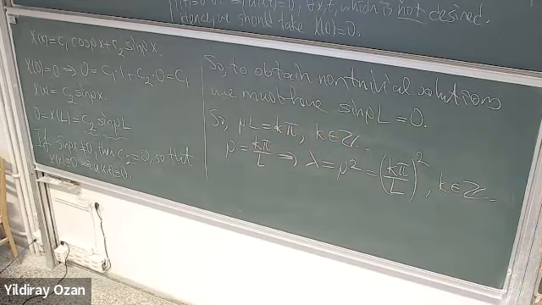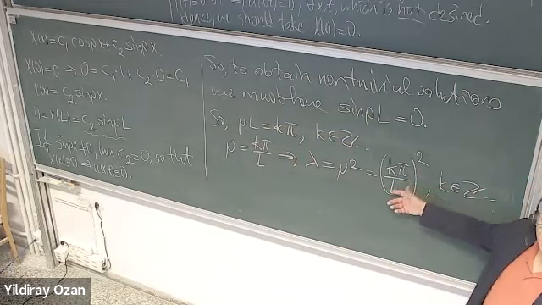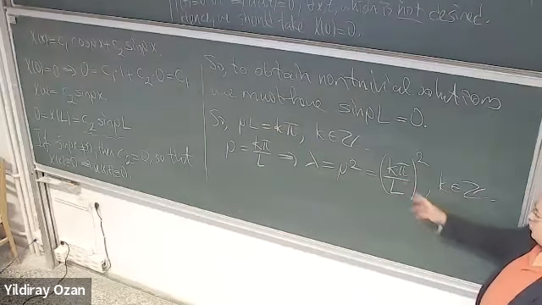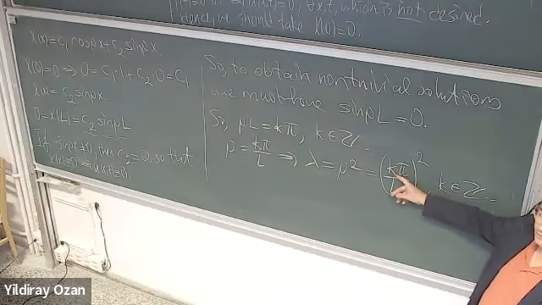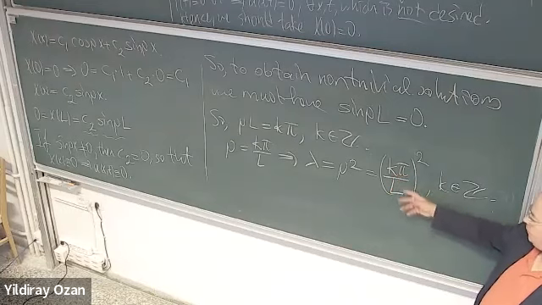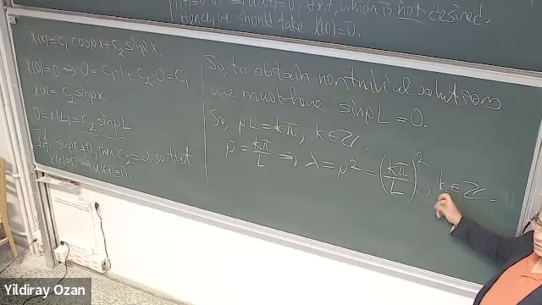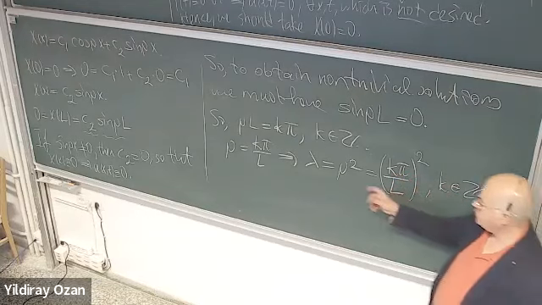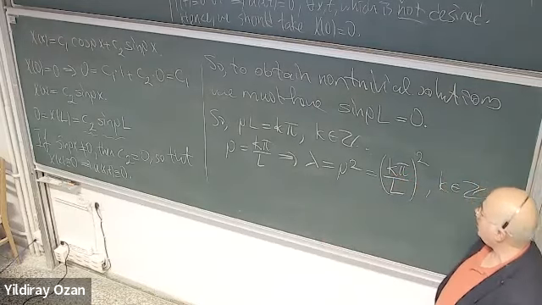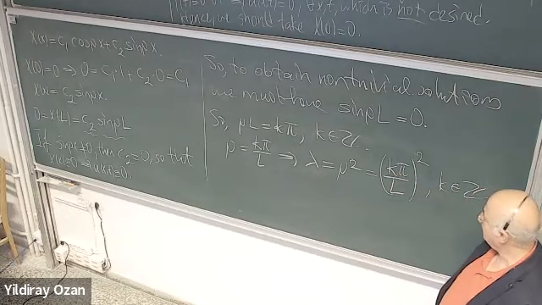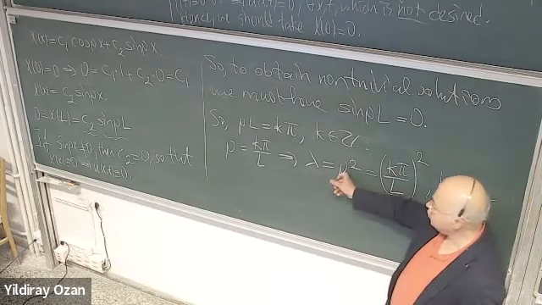But you see that since I am taking the square, negative integers won't give us anything new. And k equals 0 gives me lambda equals 0, which gives us mu equals 0.